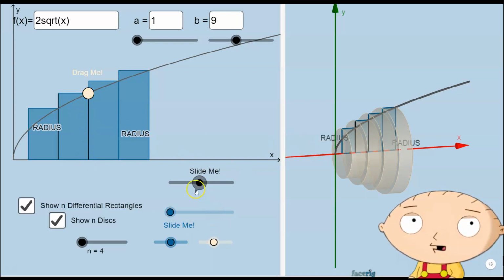right? Then to get the height of the disk, before we go any further, the volume of a cylinder is pi r squared, that's the area of the circular part, times the height of the cylinder. Well, the height of our cylinder is dx. So as the heights get skinnier and skinnier, the more accurate this gets. So we would have pi r squared, where r is represented by the value of the function.